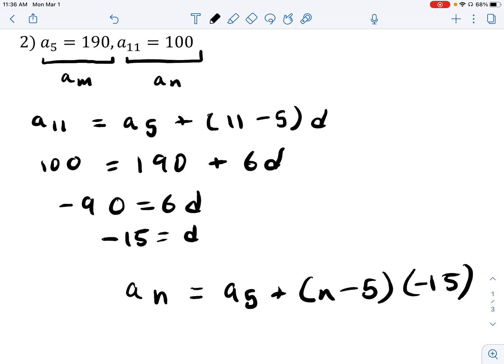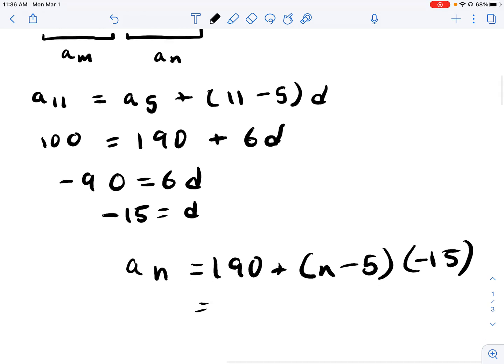Okay? So what is the difference in order between our fifth term and whatever term we're trying to find? That's what we're going to need to find our a sub n. So let's plug in a sub 5. Well, a sub 5 is going to be 190. So what we have here is 190 minus 15 times n minus 5.